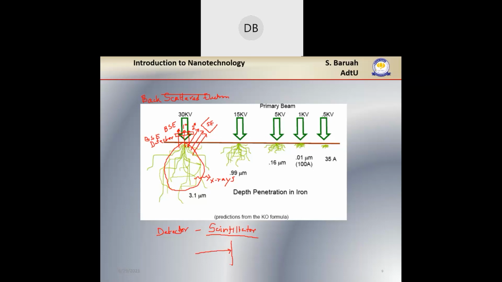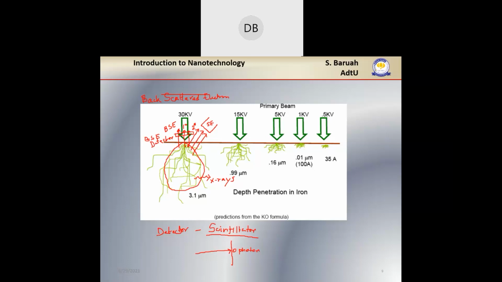There's a physical obstruction. The particle cannot go inside. But at the point where it hits, exactly here, a photon will be generated on the other side. Every time an electron hits, one photon will be generated.